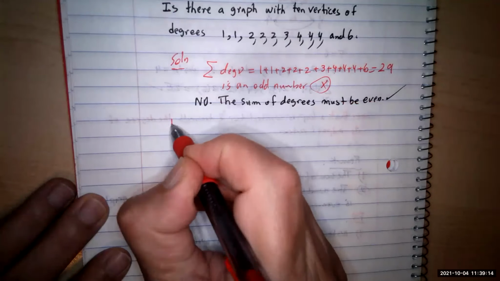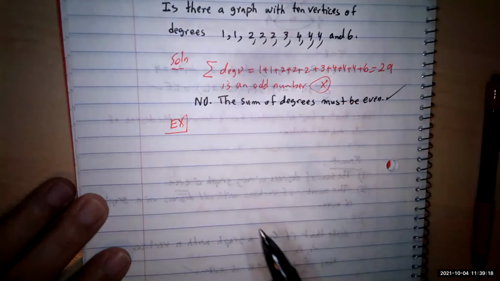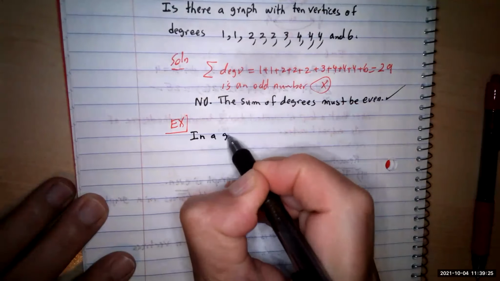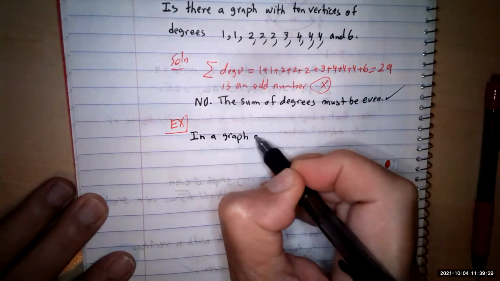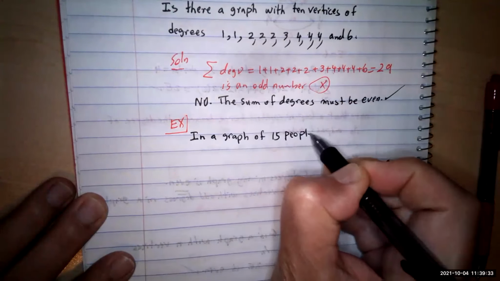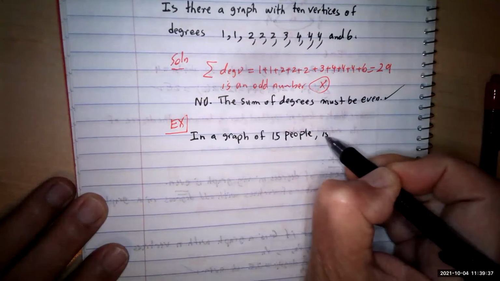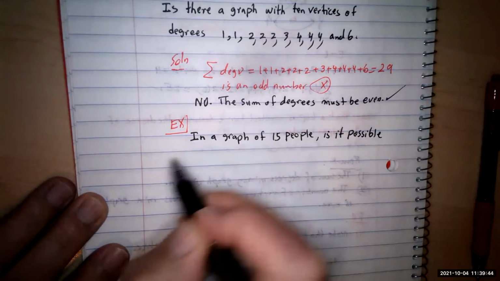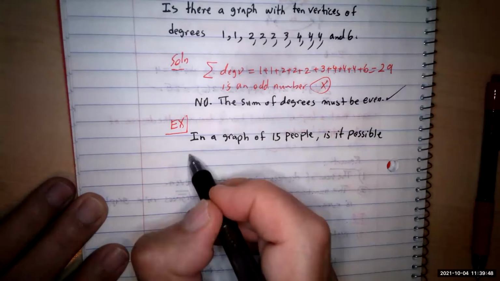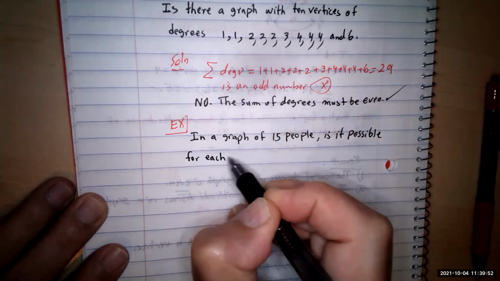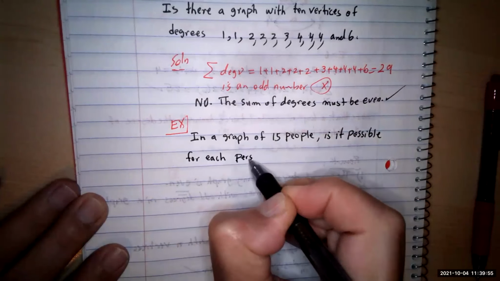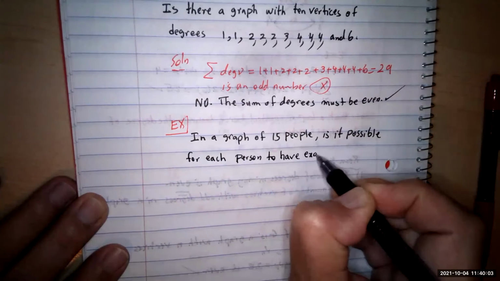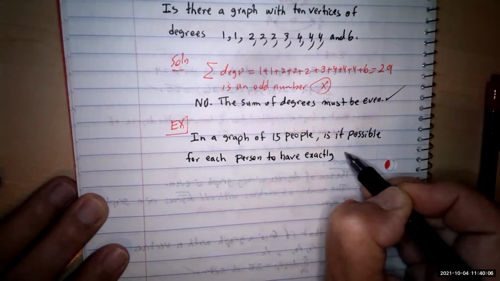This is another one. In a graph of 15 people, is it possible for each person to have exactly 3 friends?